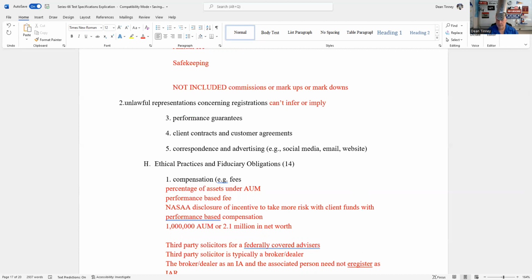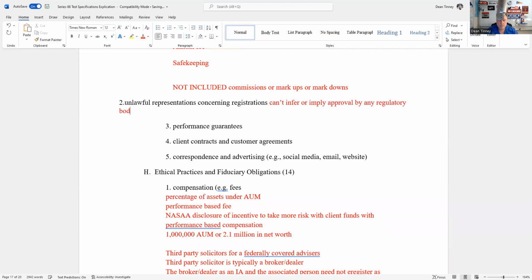Imply approval of qualifications by any regulatory body. What that means is by the SEC, the state administrator, FINRA. What else can't you do? The same goes for your registration.